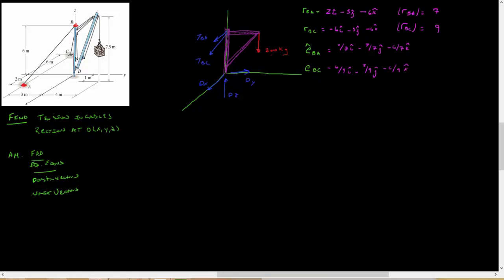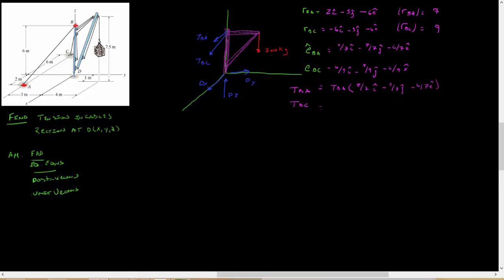So if you wanted to think of it this way, if I want to look at tension BA and tension BC, I'm going to say that tension TBA is multiplied by my unit vector, which would be 2/7 i minus 3/7 j minus 6/7 k.